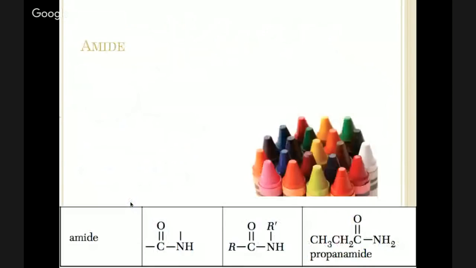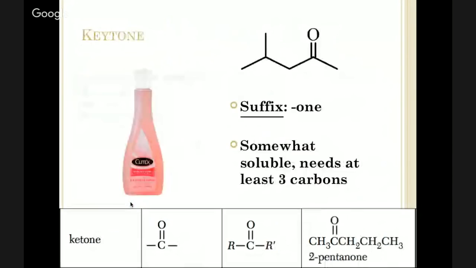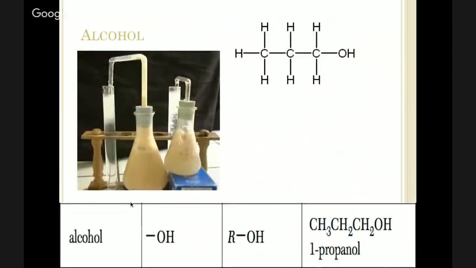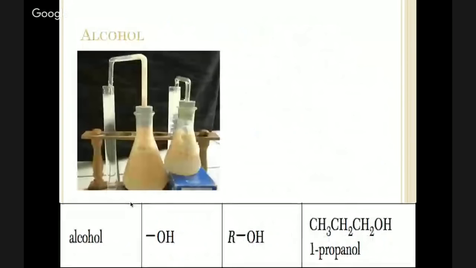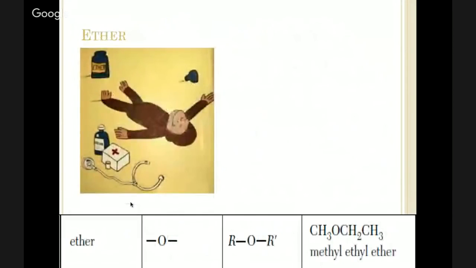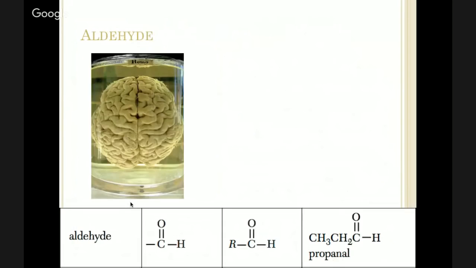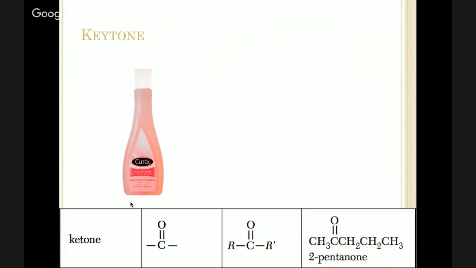If I can go back just for a second, I wanted to mention that if you notice, there's a little bit of a flow to your table. So after halides, you have alcohol, starts with an A, then ether that does not. Aldehyde starts with an A, then ketone that does not.